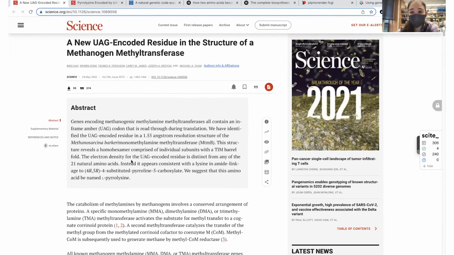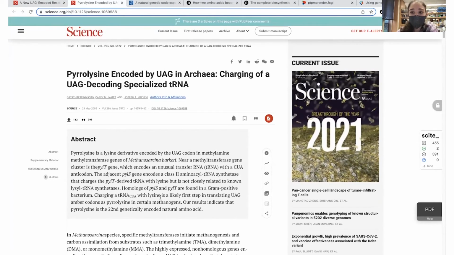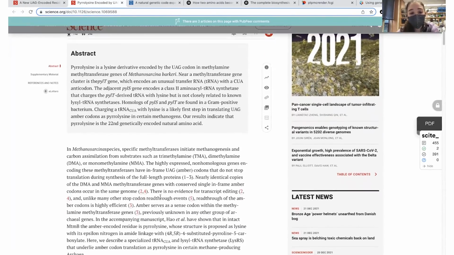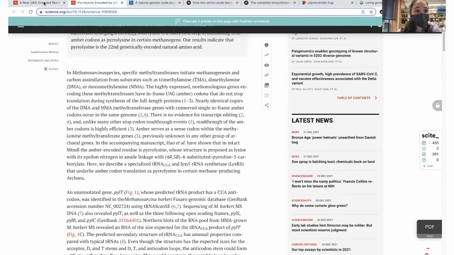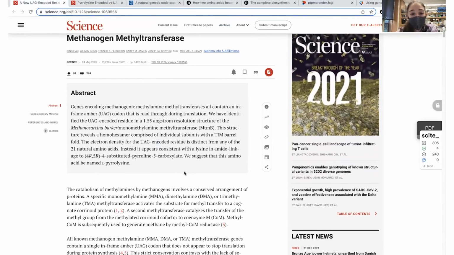It's kind of confusing what these little microbes do, so I'm not going to go into that, but basically they found that they were making this protein with the stop codon in the sequence. Then they were trying to figure out how it all worked, and they found that there was a cluster of genes that you needed to do this. But they were still not exactly sure what was actually getting added.